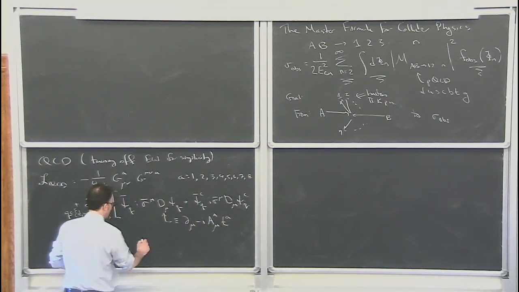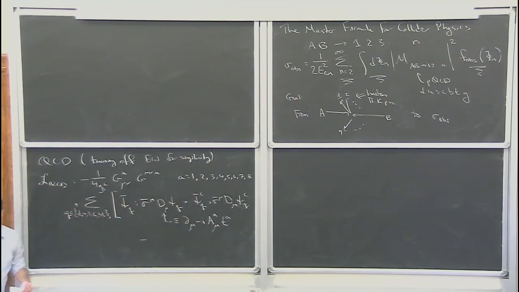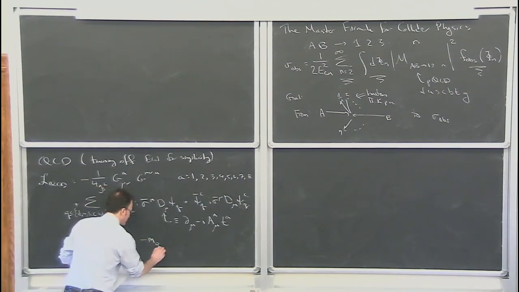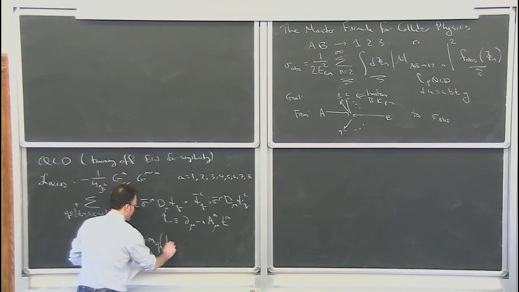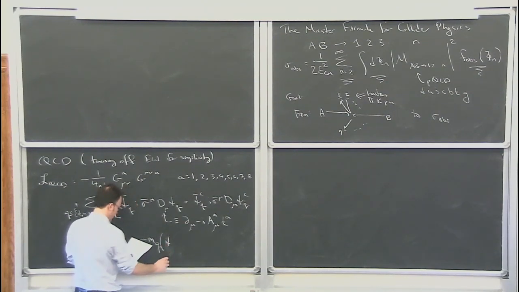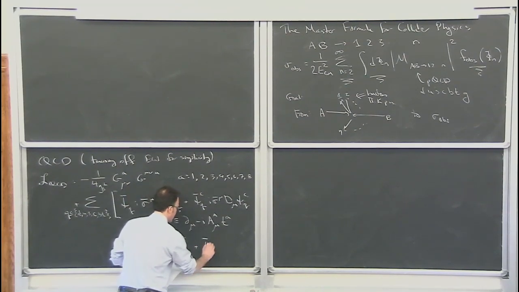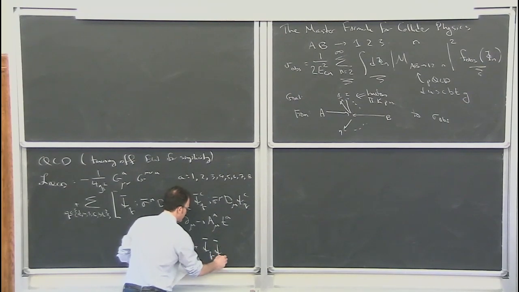And then something that I'm going to ignore a lot in these lectures is the fact that quarks have mass. So the mass term is a mixing between the different helicities of the quark fields.